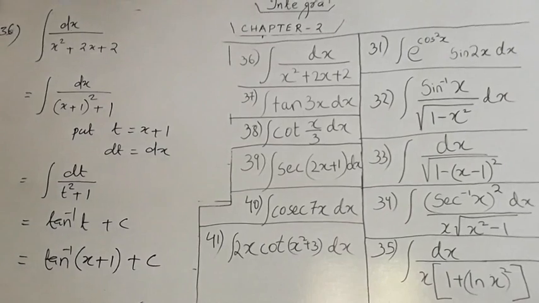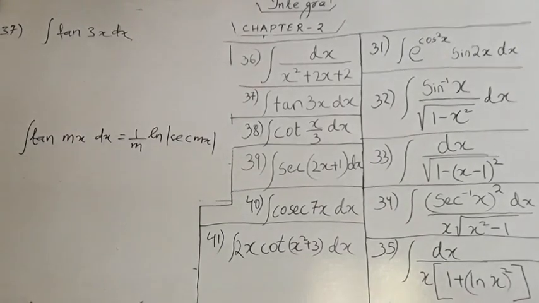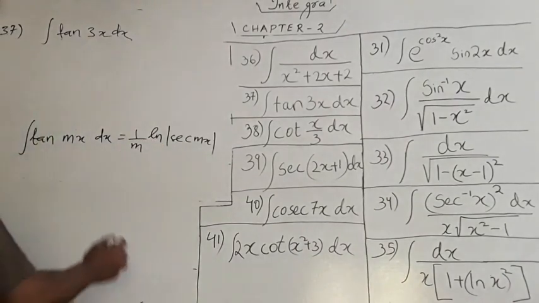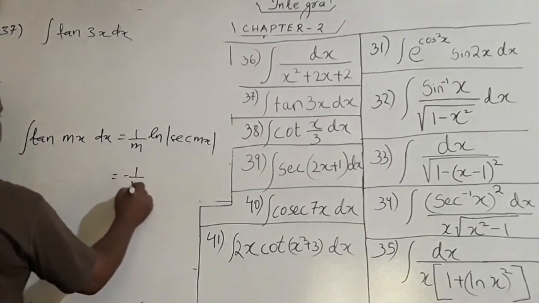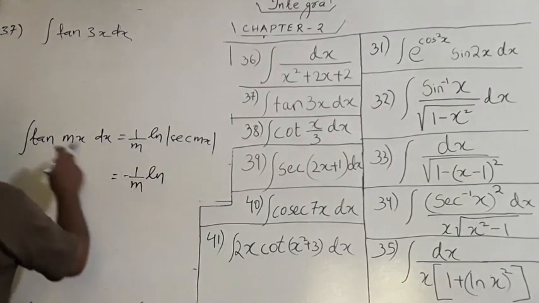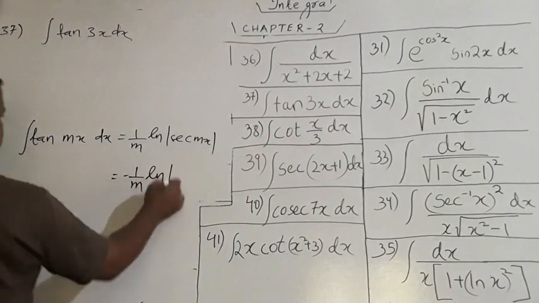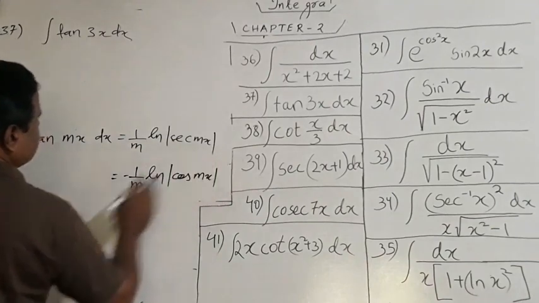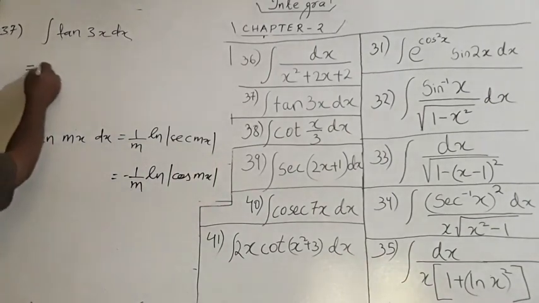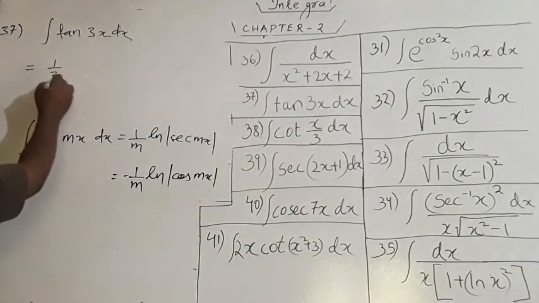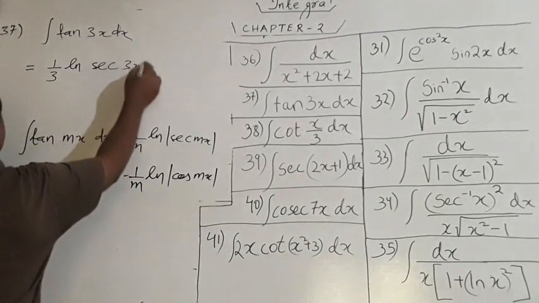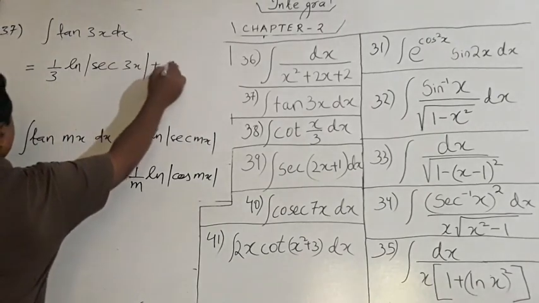Okay? As you know, integration of tan mx dx is 1 by m ln sec mx, or minus 1 by m ln cos mx plus c. So here the answer is 1 by 3 ln modulus of sec 3x plus c.